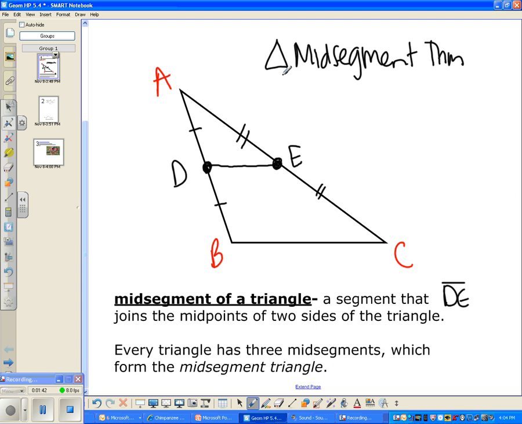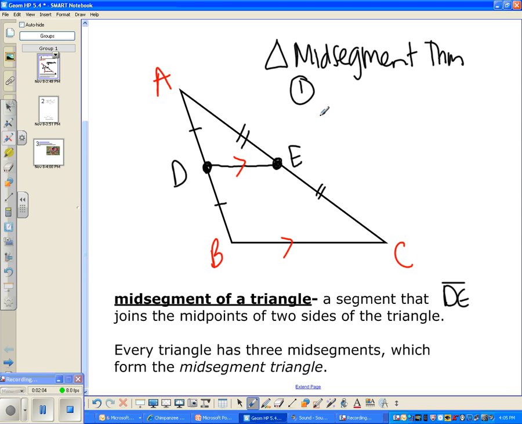It's important you put triangle because later on we're going to talk about different polygons that also have midsegments. So this is particular to triangles. When we have a triangle and a midsegment in the triangle, there's two cool things that happen. First, if you notice, these two lines kind of look parallel, and that's because they are.